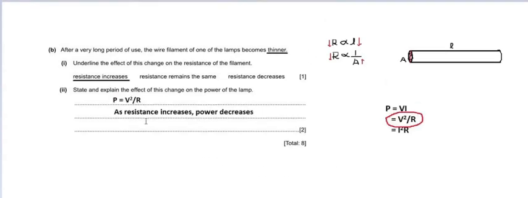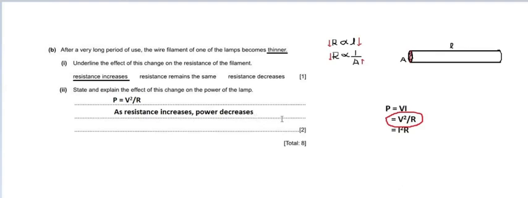So we have used this formula, V squared by R, because the potential difference across the bulb was constant. We had seen the bulbs were connected in parallel combination and the power supply was fixed, that was 220 volt.